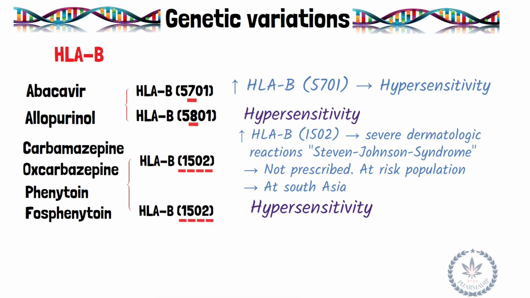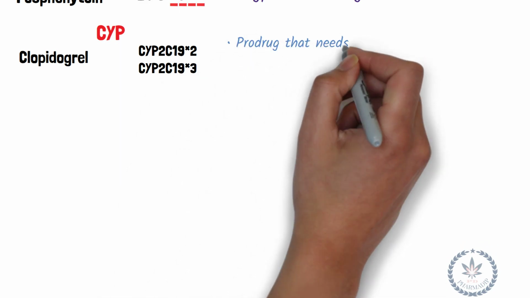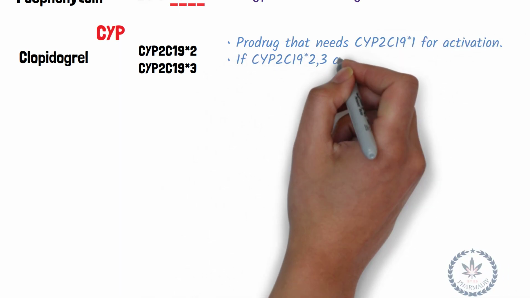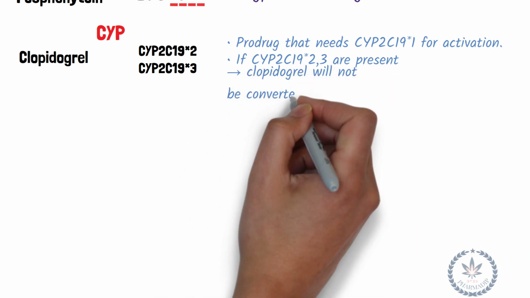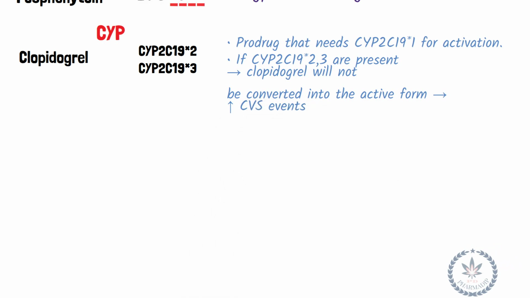Now let's look into another class of gene, such as the CYP gene. Clopidogrel, CYP2C19*2 and CYP2C19*3. Clopidogrel is a prodrug that needs CYP2C19*1 for activation. If CYP2C19*2 and *3 are present instead of CYP2C19*1, then clopidogrel will not be converted into the active form.